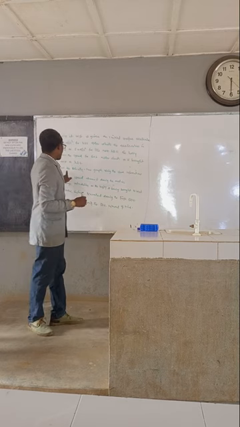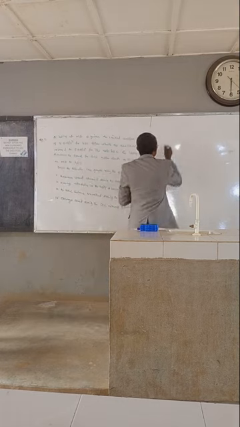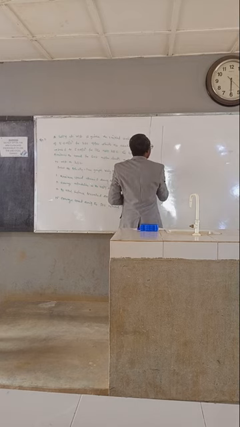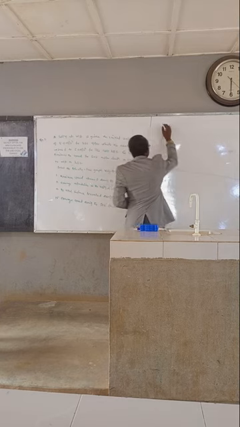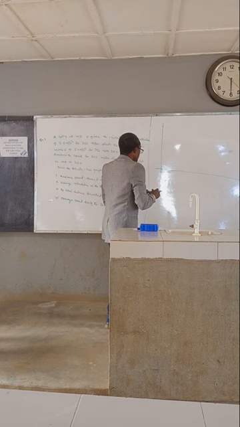So first of all, we have to draw the velocity time graph for this question. We take this in our book, and this is the vertical component, this is the horizontal component, and this is our origin.